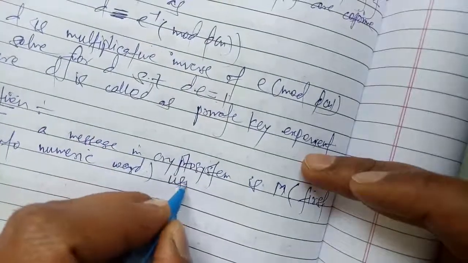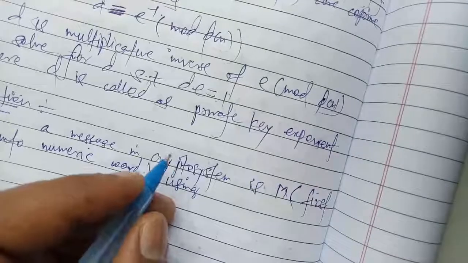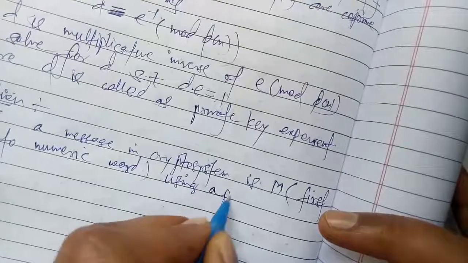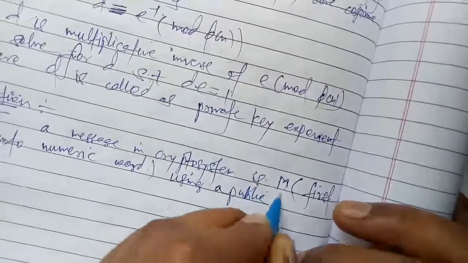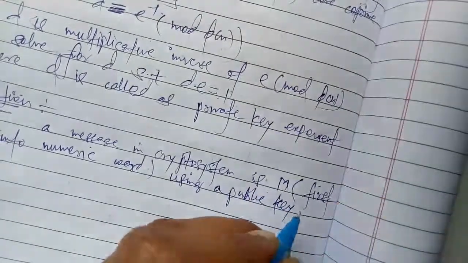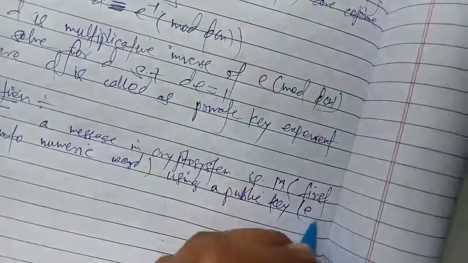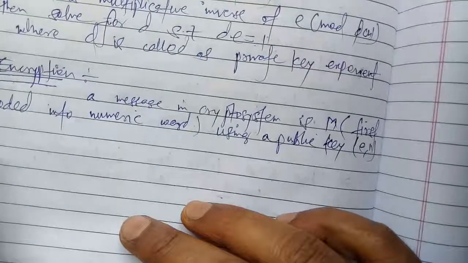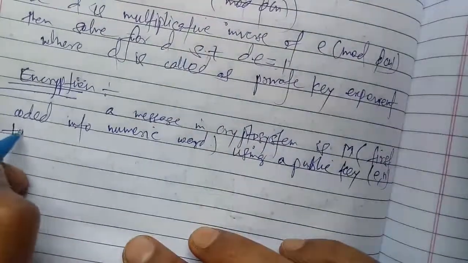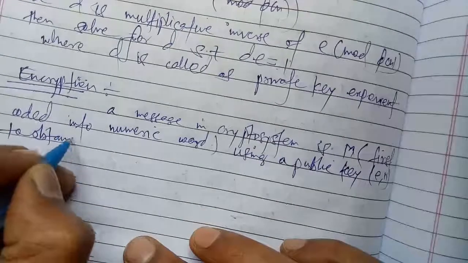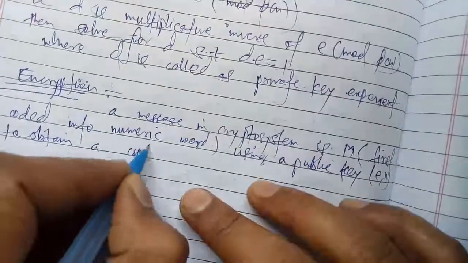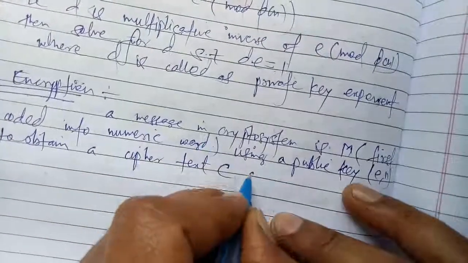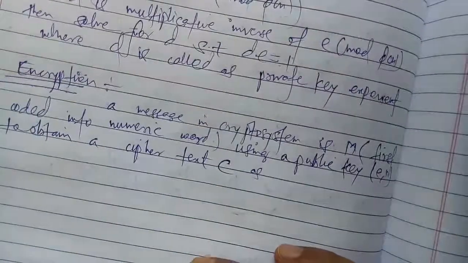We have to code that numeric message into code words using the public key e, n, using the public key e and the value of n to obtain a ciphertext capital C using the formula.